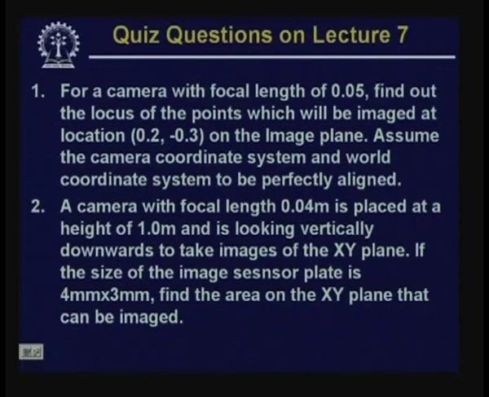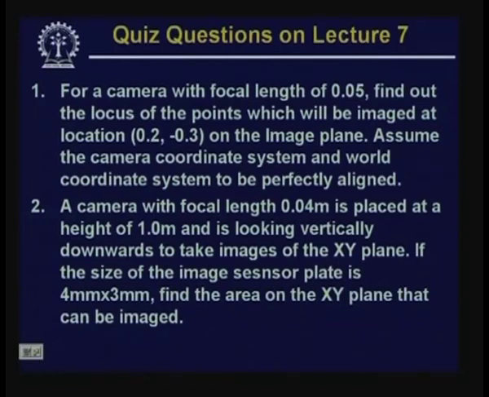Now, coming to today's quiz questions. The first question is, for a camera with focal length of 0.05, find out the locus of the points which will be imaged at location 0.2, minus 0.3 on the image plane. You assume that the camera coordinate system and the world coordinate system are perfectly aligned.